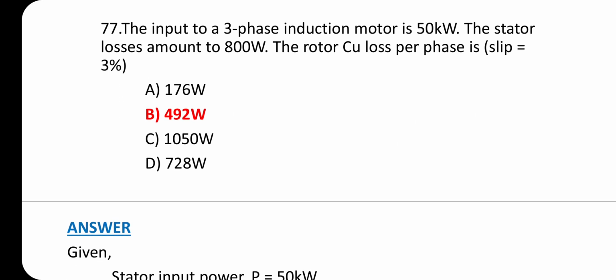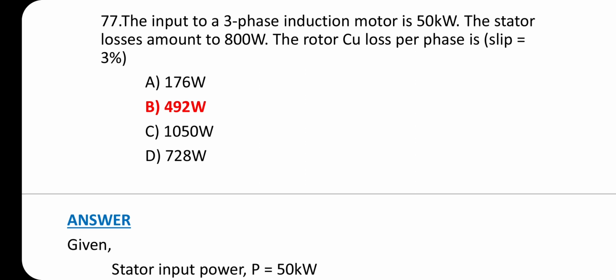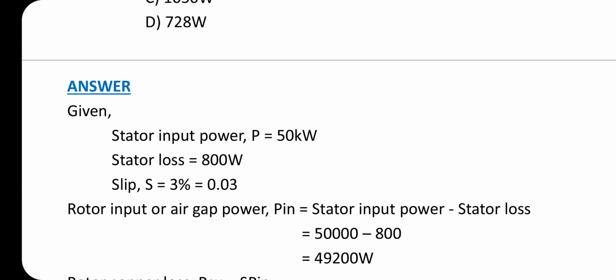Question number 77. The input to a 3-phase induction motor is 50 kilowatt. The stator losses amount to 800 watt. The rotor copper loss per phase is, slip is 3%. Answer is option B, 492 watt.